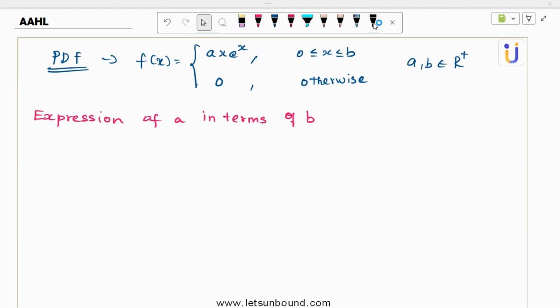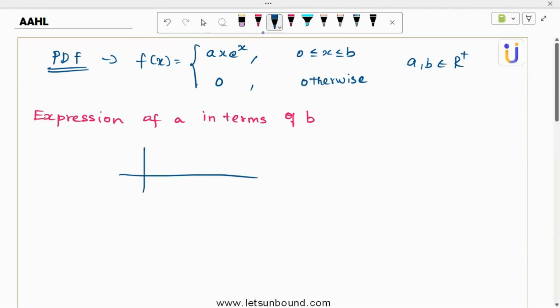Okay. So first of all, whenever we get a probability density function, we know two conditions here, right? One will be f of x is greater than or equal to 0 because probabilities cannot be negative, and we can't apply that to solve for a. So the next condition is the integral of f of x dx.